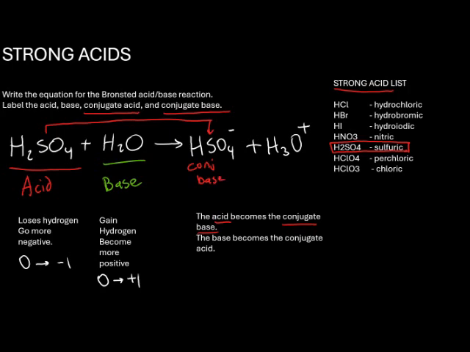On the left side, the base was water, and that becomes H3O, also known as hydronium. And so we consider the H3O+, since it came from the base, the conjugate acid. It's important to mention that the strong acids will always make H3O as a product.